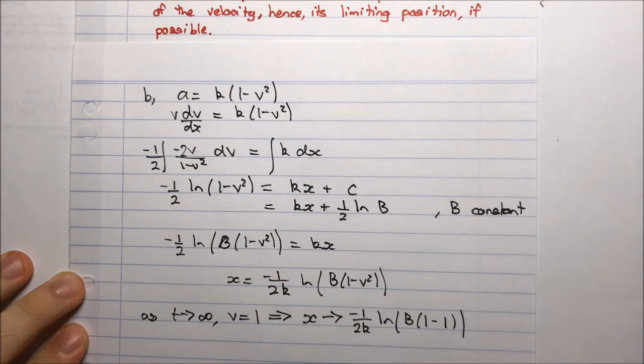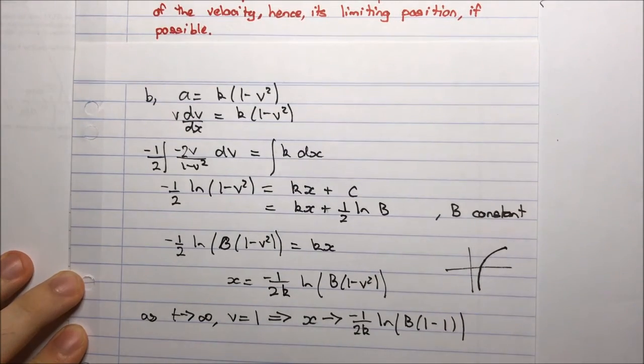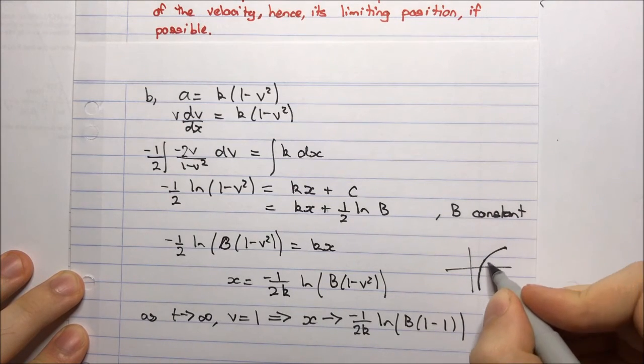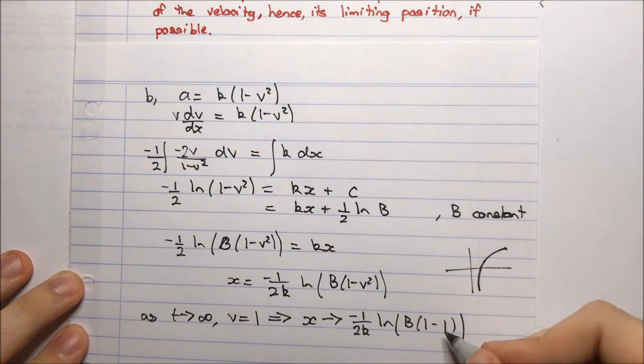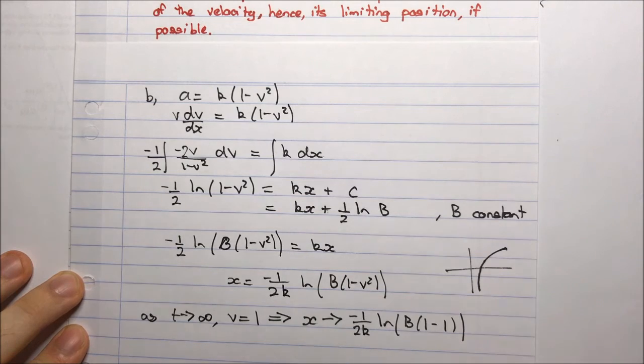Now, log of 0, this is what our log curve looks like, and it's approaching negative infinity as the argument goes to 0. So here it's approaching negative infinity. So this bit here is negative infinity, but I have a negative number here.